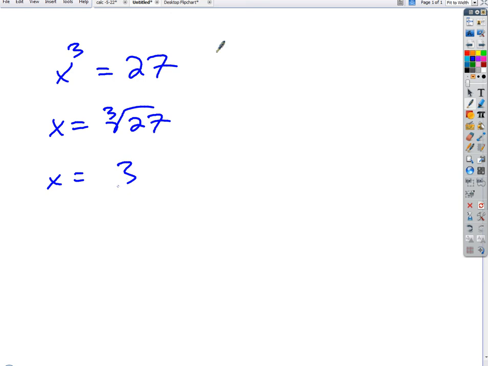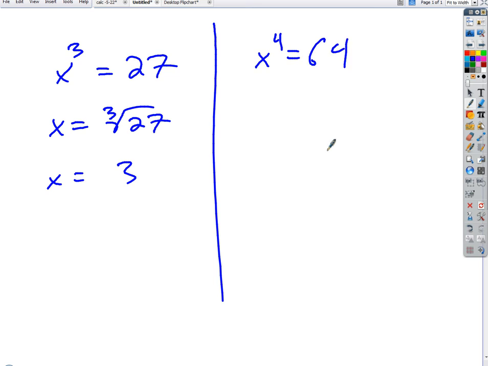But compare that to, what if I have x to the 4th equals 64? What do I do? Fourth root. You gotta do plus or minus. 4th root of 64, I probably picked the bad one, didn't I? Let me make that a 16. Let's do that. That makes it easier.